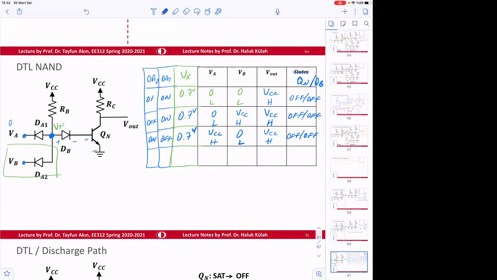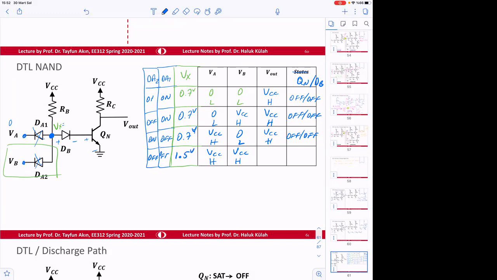Okay, so if both of the inputs are VCC, so this is high, this is high, then both of the diodes are going to be off. So this will be off, this will be off, and the voltage at Vx is going to be, in fact, 1.5 volts.